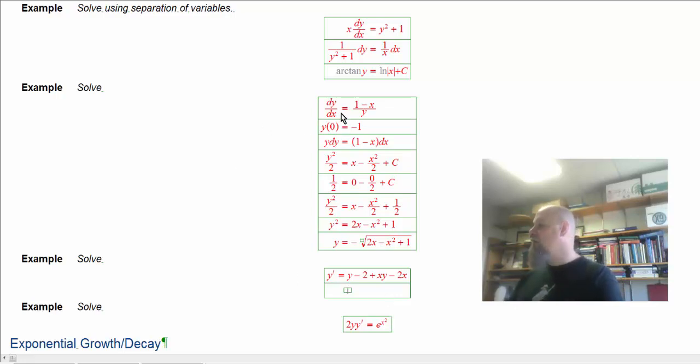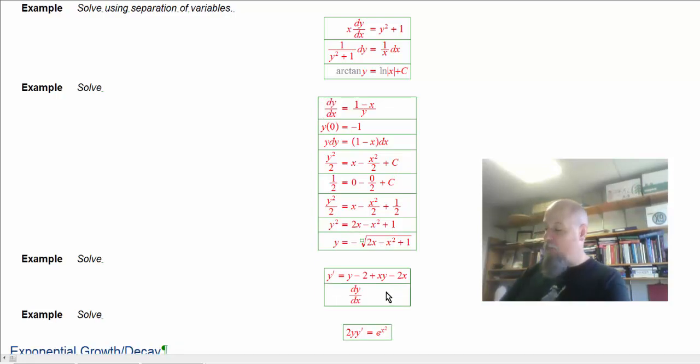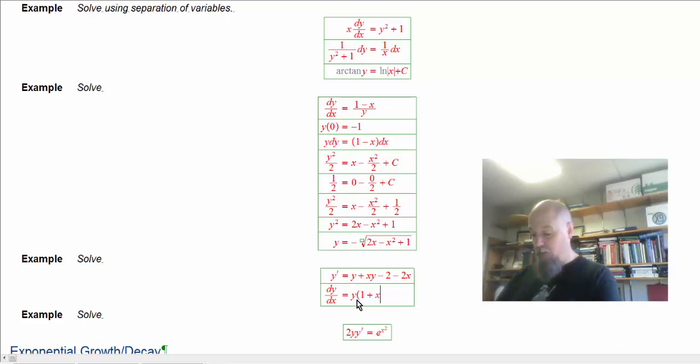So if I'm trying to write it as a separable equation, I'm trying to write it as y prime equal to some function of x. If I collect on this y, let's move this piece over here and factor out the y. That would be y times 1 plus x minus 2 minus 2x.